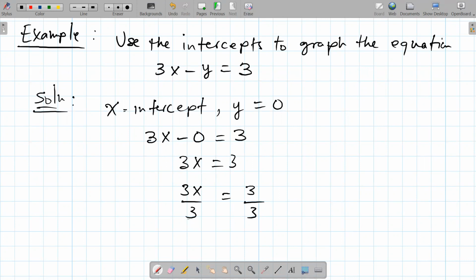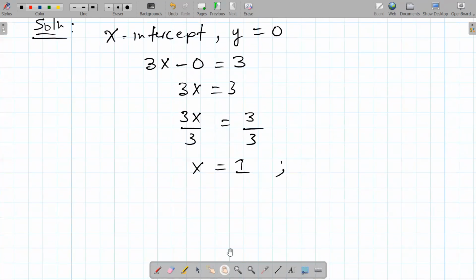The 3 will cross out and I'm left with x. 3 divided by 3, that is 1. And so I will have my other pair, which is my x-intercept, to be 1, comma 0. So this is my x-intercept.